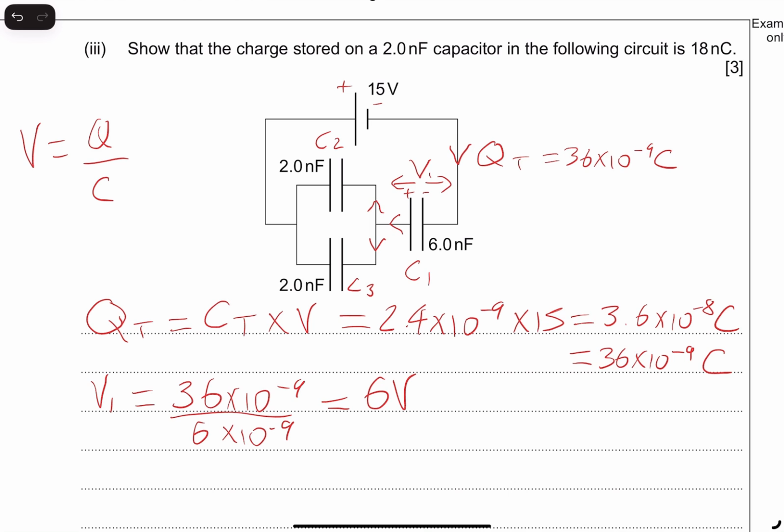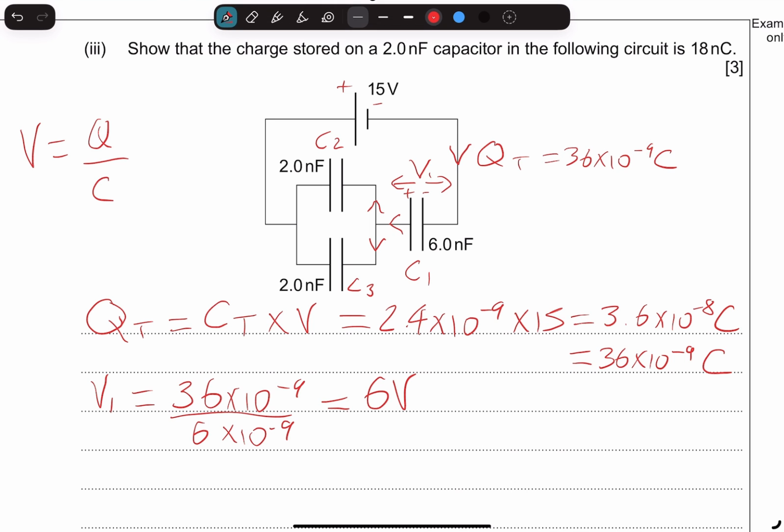So what that tells us then is that if there's 6 volts across here, then we know that the voltage across here has to be 9 volts. How do we know that?